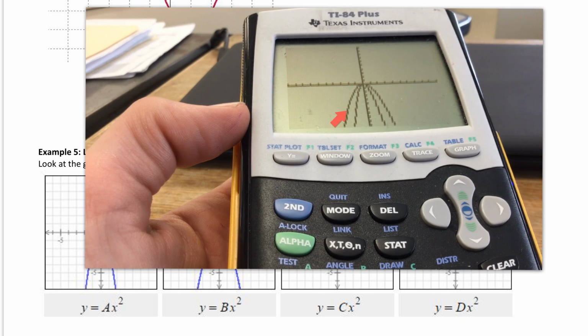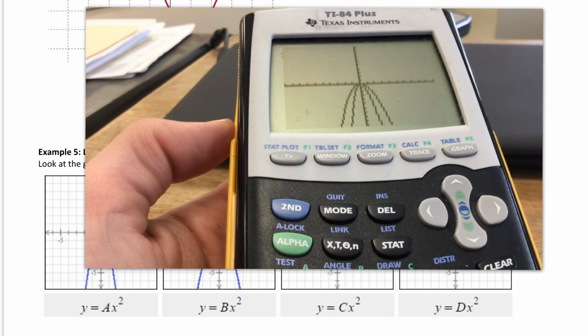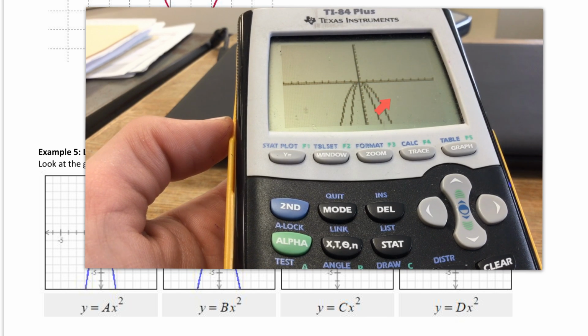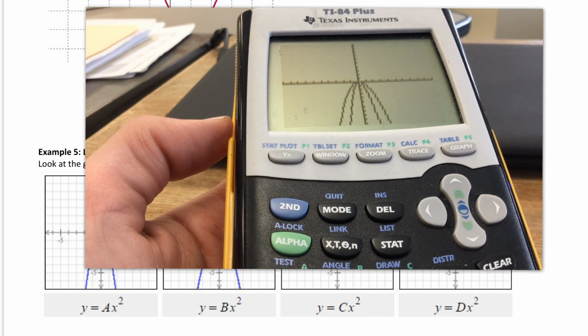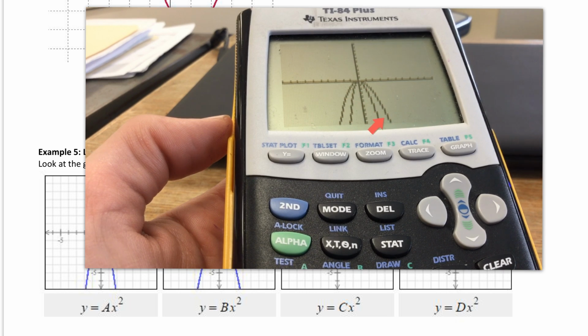So opening upside down is the same concept. Instead of opening up, it's opening down, and it does the same thing. So here's my original x squared on the outside and my negative 3x squared. The 3 is what we're worried about. The negative just tells me whether it's opening up or down.